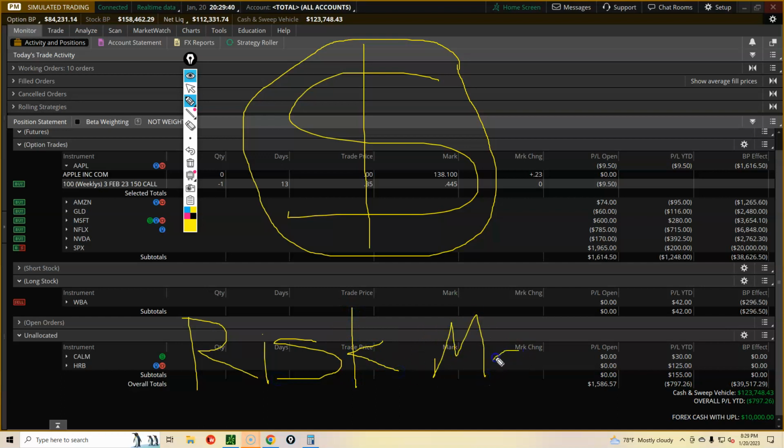Risk management. Because if you blow up and have zero money in here, you can't play. Then you have no choice. You're only in simulated trading.